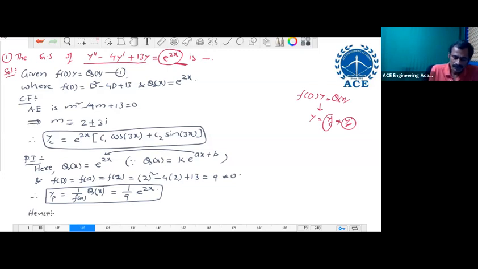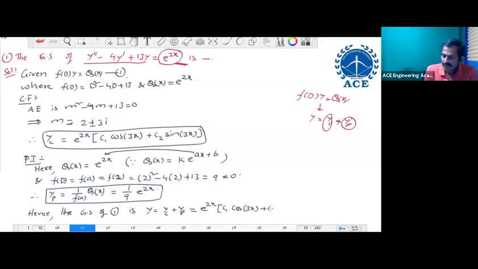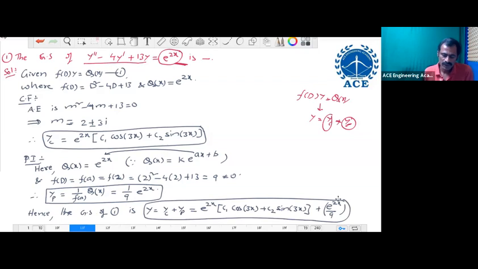Hence, the general solution is y equal to yc plus yp. Here yc is e power 2x into c1 cos 3x plus c2 sine 3x, plus e power 2x by 9. This is the general solution or complete solution.